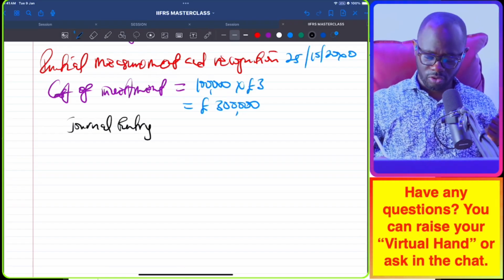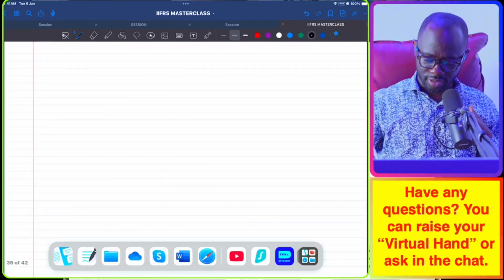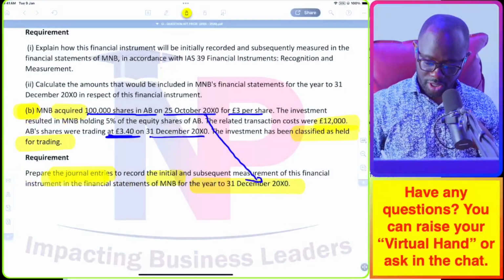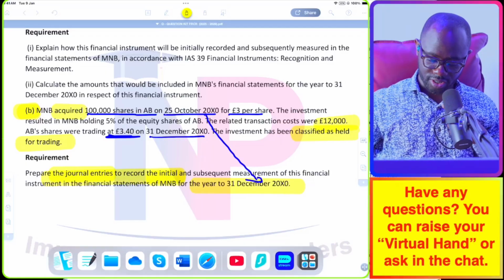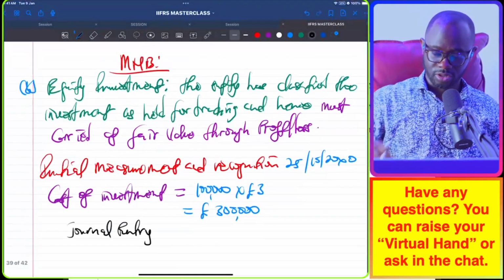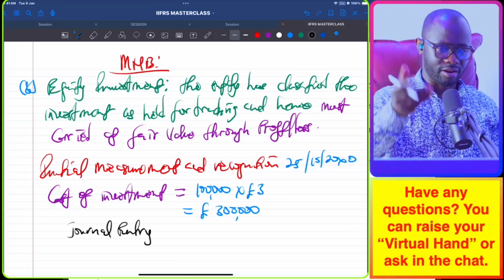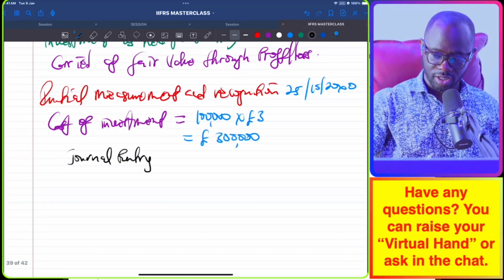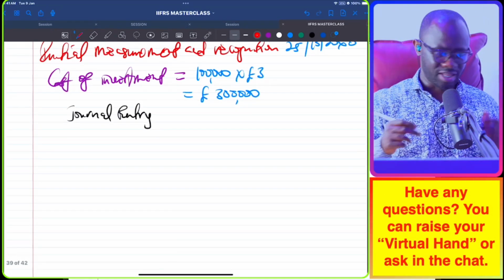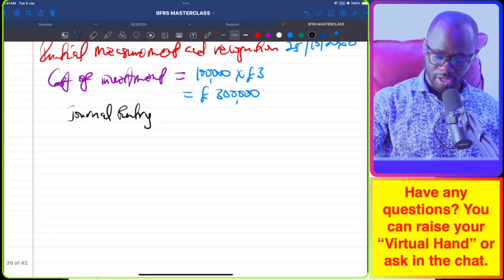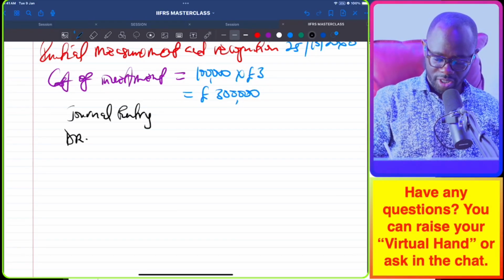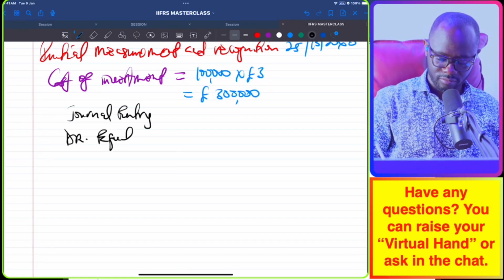Although the question just said, prepare journal entry to record the above transaction, I just wrote a preamble there telling us that it must be carried at fair value through profit or loss. That is just a small note that I am adding. So we debit equity investment.